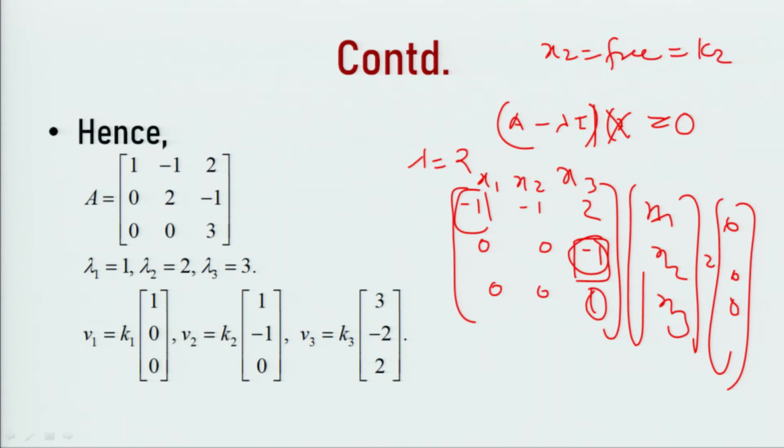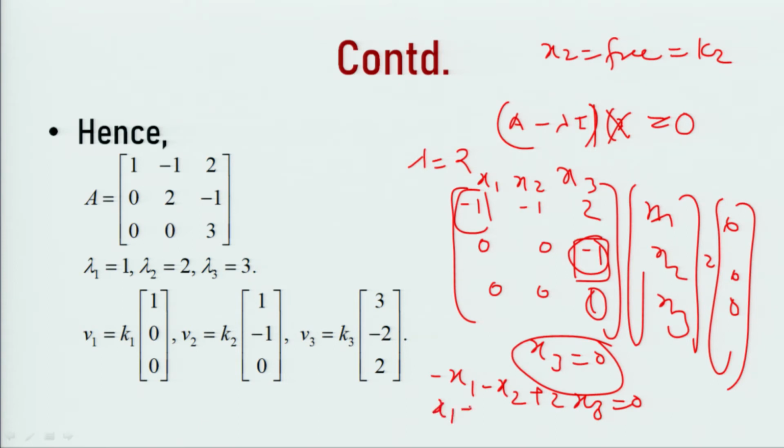Now, from the second equation, 0 x1 plus 0 x2 minus x3 equal to 0, it means x3 equal to 0. Use the first equation: because x3 is 0, from the first equation minus x1 minus x2 plus 2 x3 equal to 0, and x3 is 0.